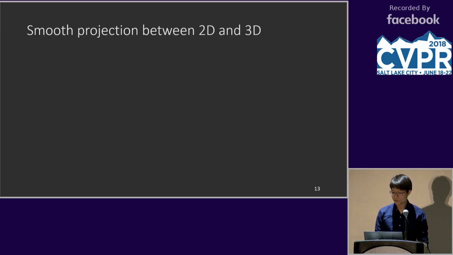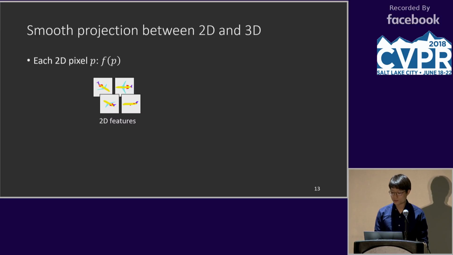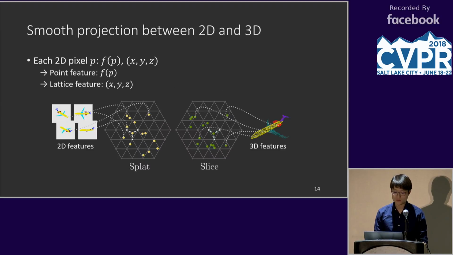As an example, let's suppose there are some 2D pixel features, F, here illustrated as the pixel colors, and we want to get those features onto a point cloud. Assuming that for each pixel, we also know its corresponding 3D location XYZ, we can easily use F as point feature and XYZ as lattice feature, splatting the 2D features onto a 3D lattice space.